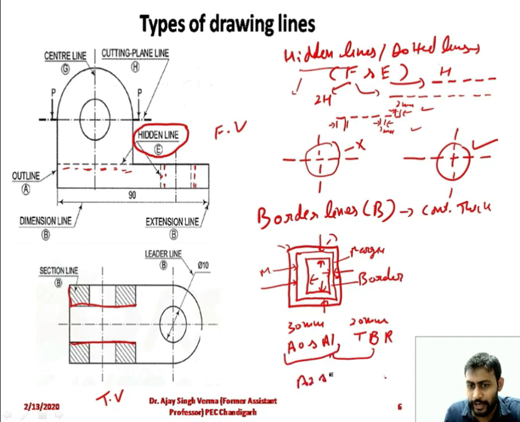For A2 and A3 sheets, the left hand side has a 20 mm margin, and for top, bottom and right side, the margin should be 10 mm. So these are the standards.